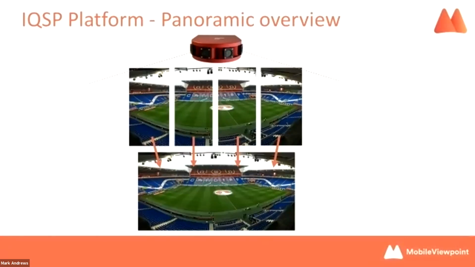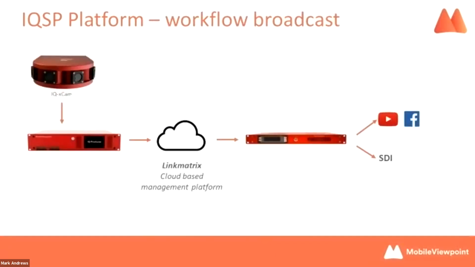Michelle, if you'd like to go to the next slide. Now, what we have installed is the camera, but we also have what we call the IQProducer. This is our AI server that's taking the stream from the camera. And basically, using AI, we follow the action. So whether it's the ball or the players, it's mostly the ball. But we're dewarping, and we create what we call a virtual zoom of the action.